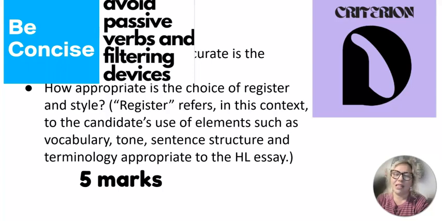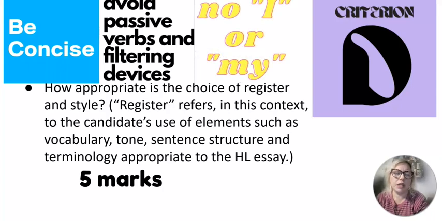And so sometimes what students do is they start making their points just take longer to say. Unfortunately, that doesn't help you in the long run because it is going to hurt you in criterion D. And really, it's not going to help you in the other criteria either. Another tip, you want to make sure you get rid of I or my and any other personal pronouns. But those are all some of the things that you need to do for criterion D.